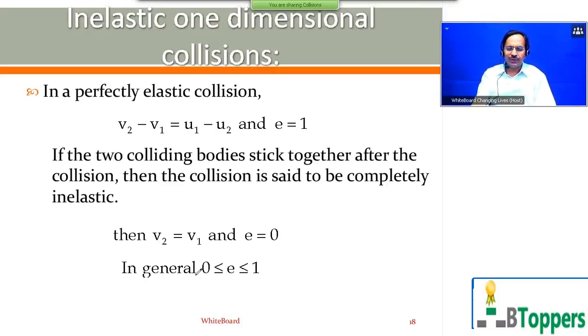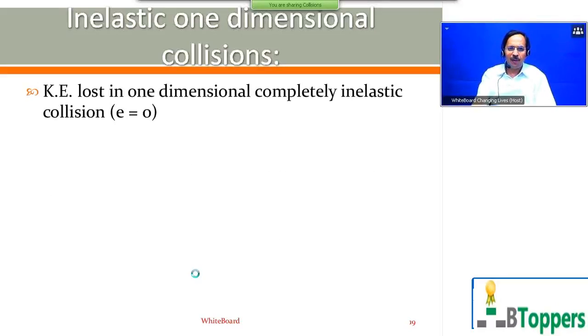I am going to show you the continuation of this. Kinetic energy lost in one-dimensional completely inelastic collision, that is when e is 0, equals half m1 m2 by (m1 plus m2) into (u1 minus u2) whole square.